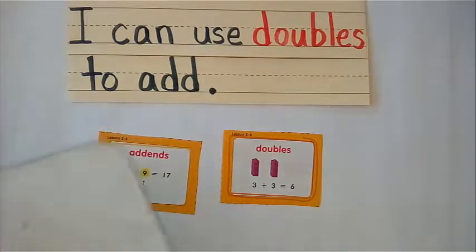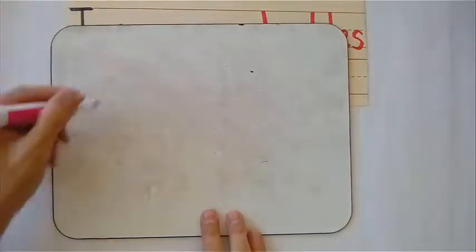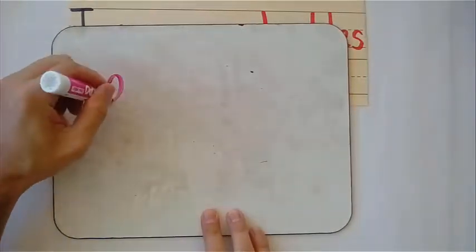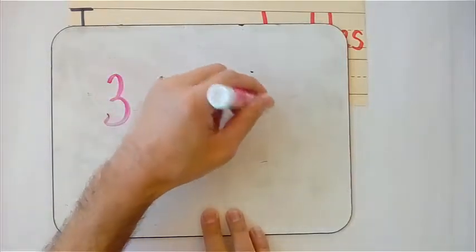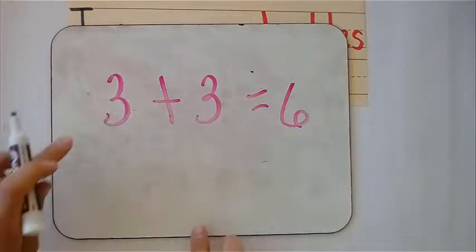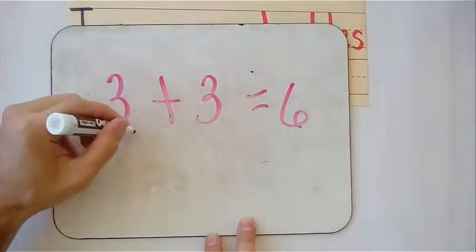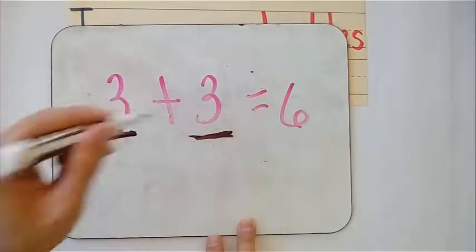So, for example, if I have this sentence, 3 plus 3 equals 6, my two add-ins are the two numbers that are being added together, which in this case, the 3 is being added to another 3.